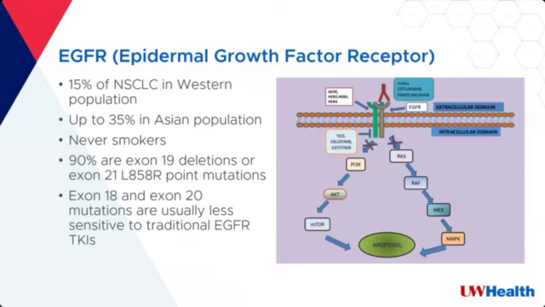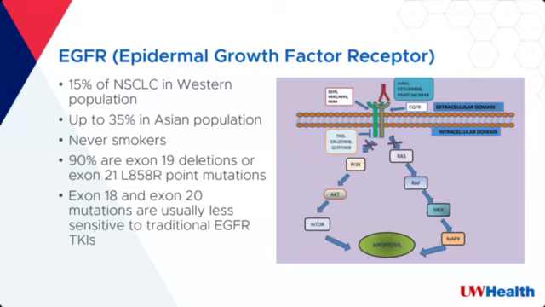So starting with EGFR or epidermal growth factor receptor mutations, we can see this in about 15% of the non-small cell lung cancer Western population and up to 35% in the Asian population. Now the downstream pathway to EGFR is that RAS, RAF, MEK, MAP kinase pathway that leads to cell proliferation, growth, and survival.